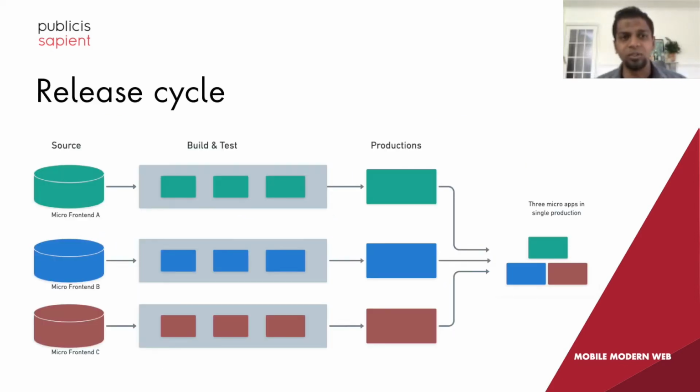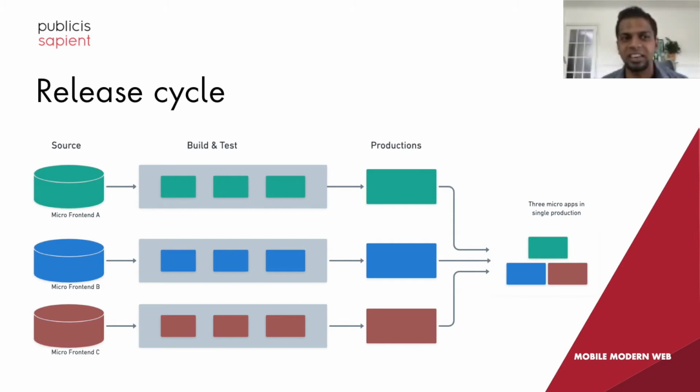But one very important thing to be considered, irrespective of all the answers that we saw on the previous slide, is your release cycle itself. With micro frontends, the crux of implementing them is that you need independent deployment cycles for any of your individual packages.